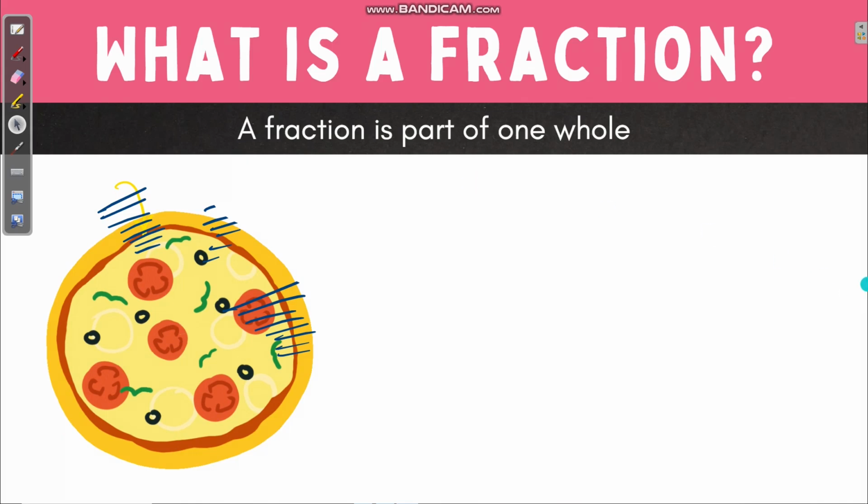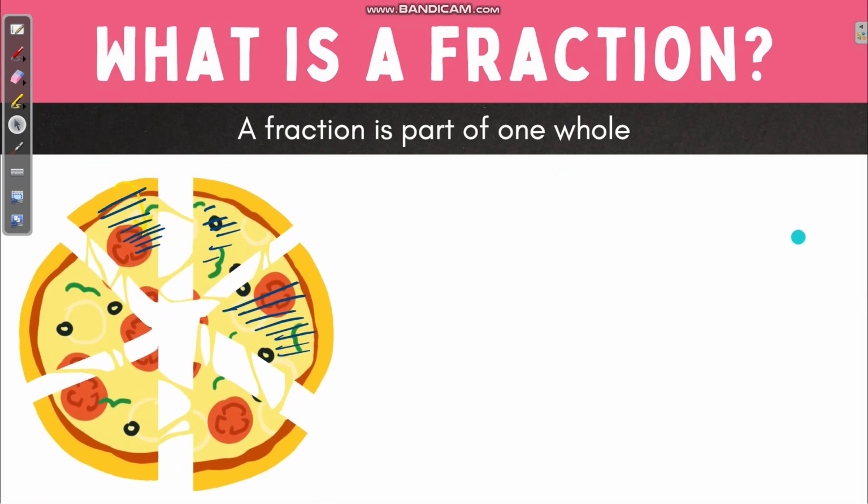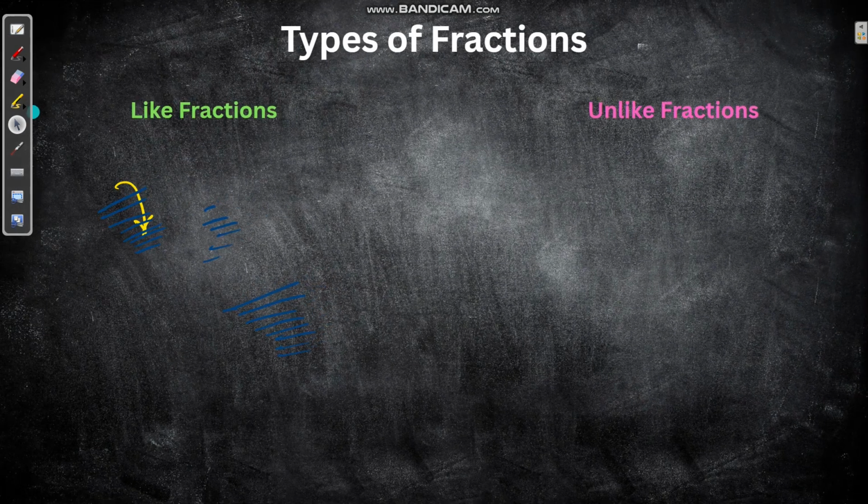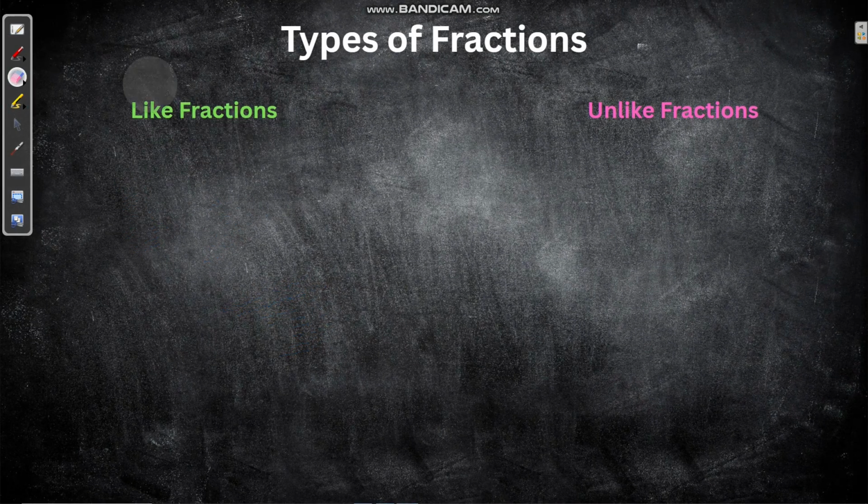Now let's study the different types of fractions. So fractions are of different types. Let's see the first type, that is like fractions. As we know, a fraction has a numerator and a denominator.